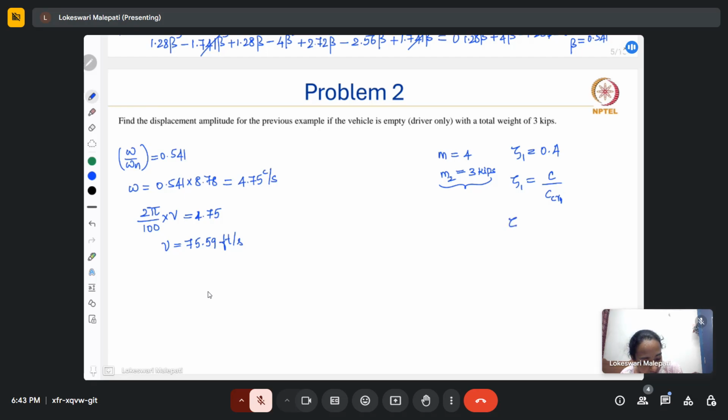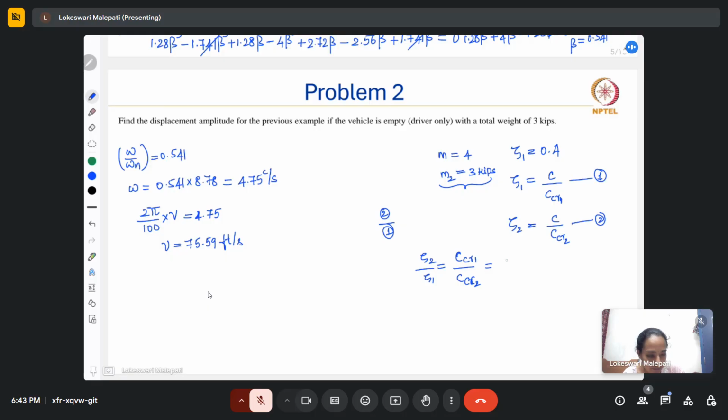So similarly, we have zeta 2 is equal to C by CCR2. So using this relation, we do equation 2 by equation 1. Zeta 2 by zeta 1 is equal to CCR1 by CCR2.